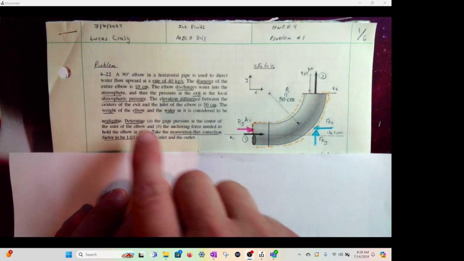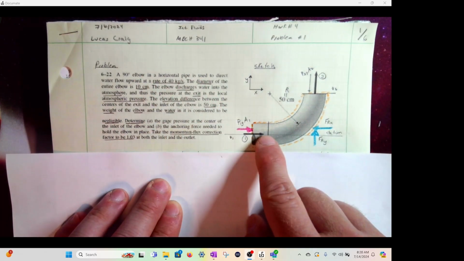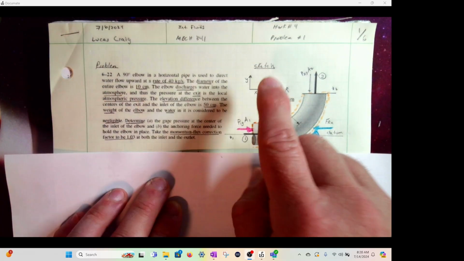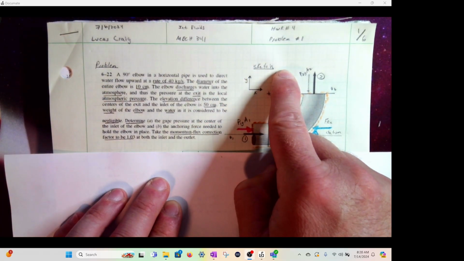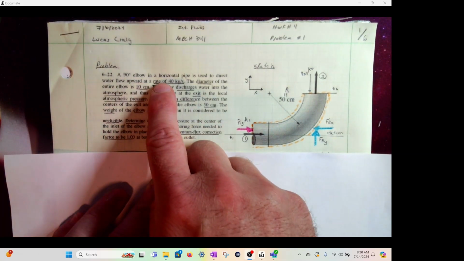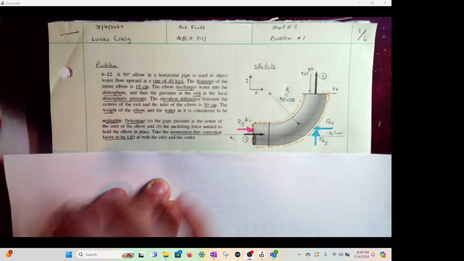So here is this problem. Here's the sketch. I labeled it problem, underlined it. I labeled it sketch, underlined it. So I'll read this. A 90-degree elbow in a horizontal pipe is used to direct water flow upward at a rate of 40 kilograms per second.